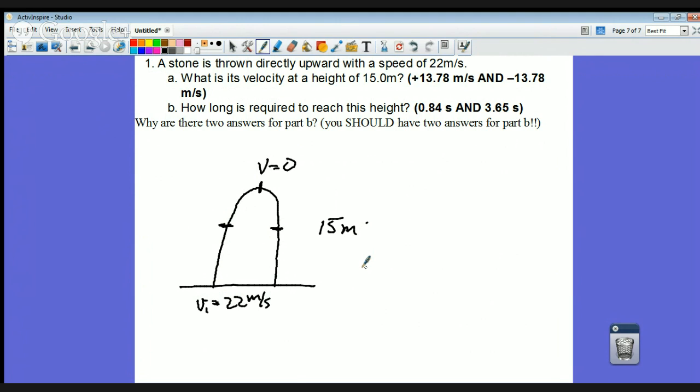The velocity at a height of 15 meters, you're trying to find that, so we'll call it vf. I know the acceleration going down is negative g, and I know that this is my delta s.